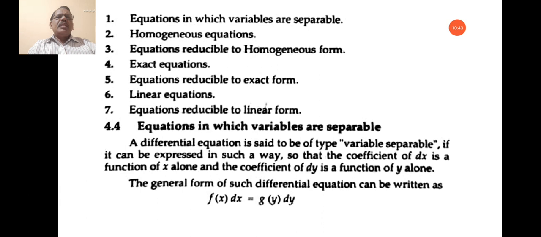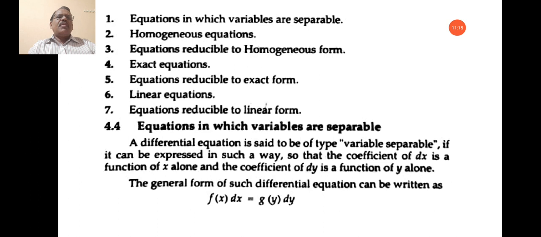A differential equation is said to be of variable separable type if it can be expressed in such a way that the coefficient of dx is a function of x alone and the coefficient of dy is a function of y alone. So in this case we have to separate the variables, x variables and y variables.